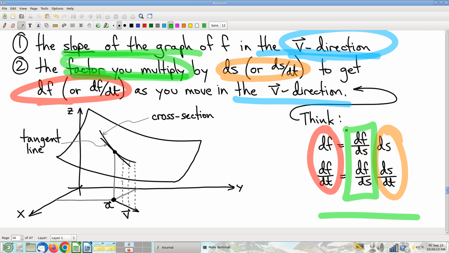Right? Rate of change of the function with respect to time is a totally different thing. So, for example, let's suppose that I'm walking along a mountain road and f represents altitude. And as I move along the road, in other words, as I move in whatever direction the road happens to be going, I have to go whatever direction the road goes. As I'm moving along the road, there's a couple of things I might be wanting to know. I might be interested in what is the rate of change of altitude with respect to time?